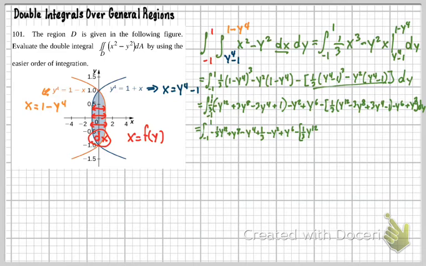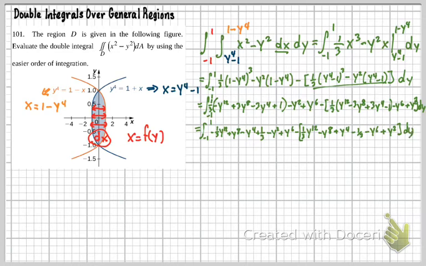So then this is going to be minus y to the 8th, and then plus y to the fourth, and then minus 1/3, and then I'm going to get minus y sixth plus y squared, and that's going to be dy.